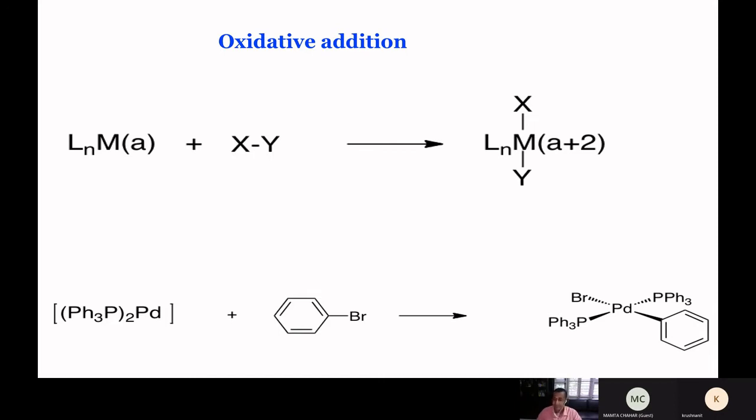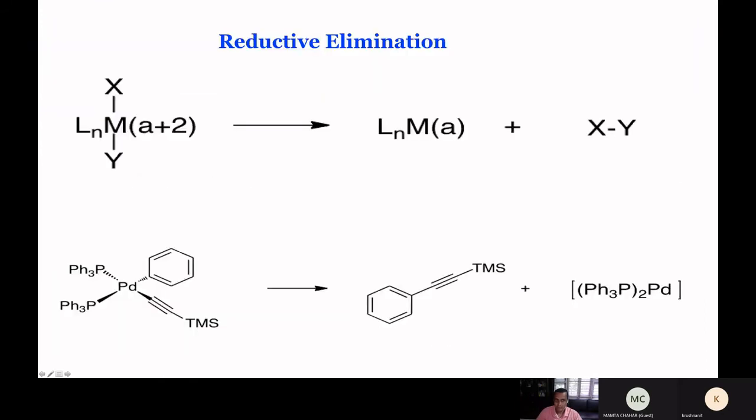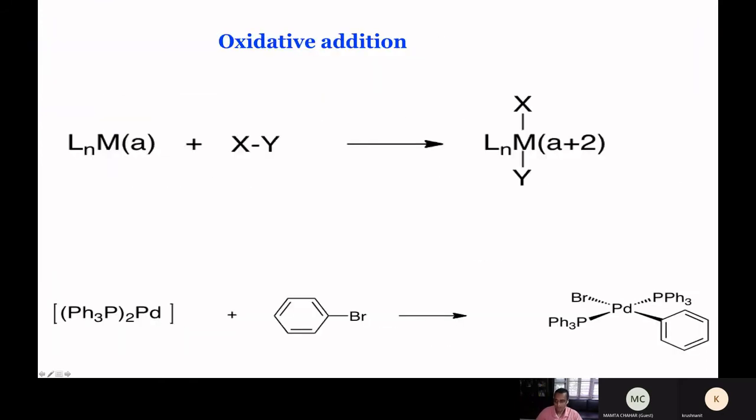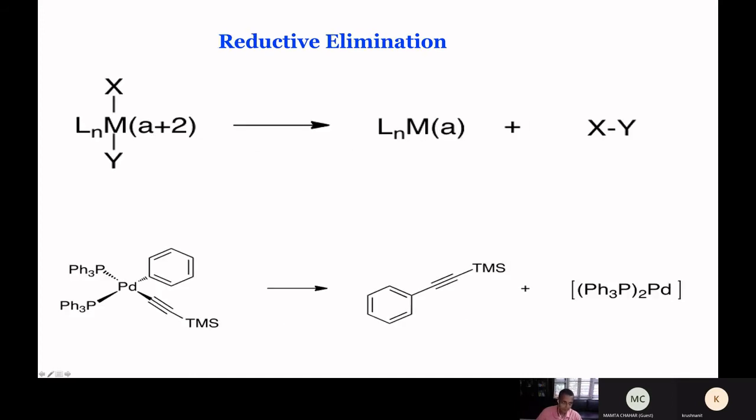On the other hand, let's say you want to do the reductive elimination. That means the opposite of this oxidative addition. That means you have started from here and you want to go back, right?